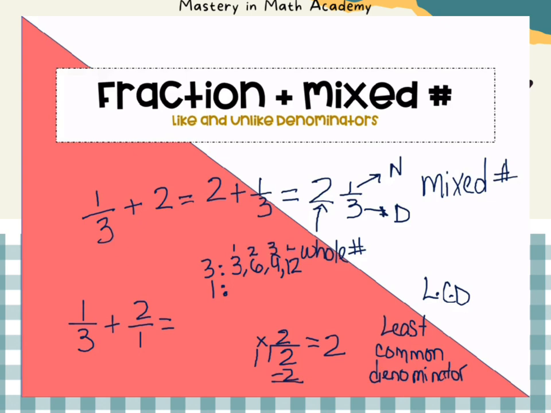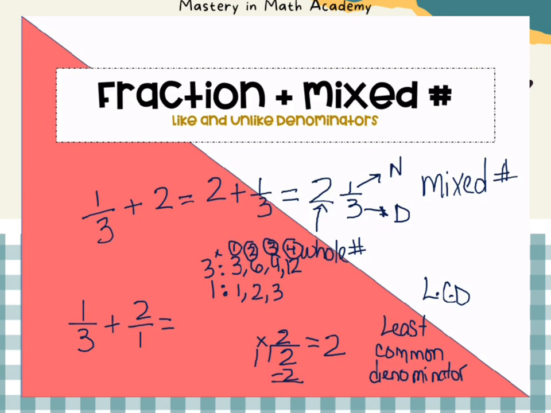Also, you can think of this as multiplication: 3 times 1 is 3, 3 times 2 is 6, 3 times 3 is 9, and 3 times 4 is 12. Now we do the same thing with the 1. 1 plus 1 is 2, 2 plus 1 is 3.